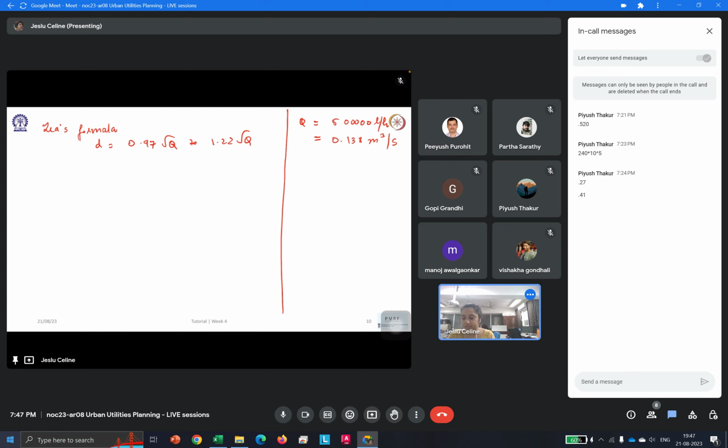Correct. So let's plug that in over here. Now our D will lie between 0.97 root of 0.138 to 1.22 root of 0.138. How much does that work out to?